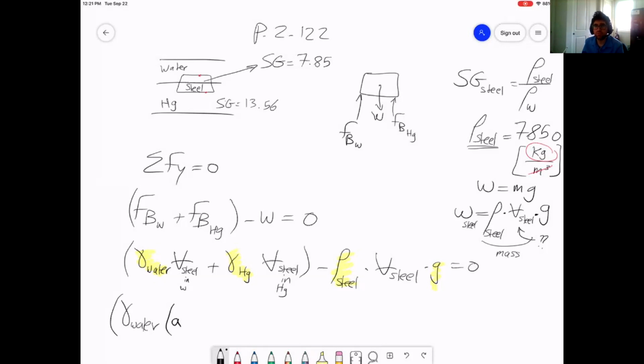What's the volume of a cube? Or not a cube in this case, it just says block. It has width, length, and height. So if you multiply these three, you'll end up with meter cubed, and now you have volume. So we know A.